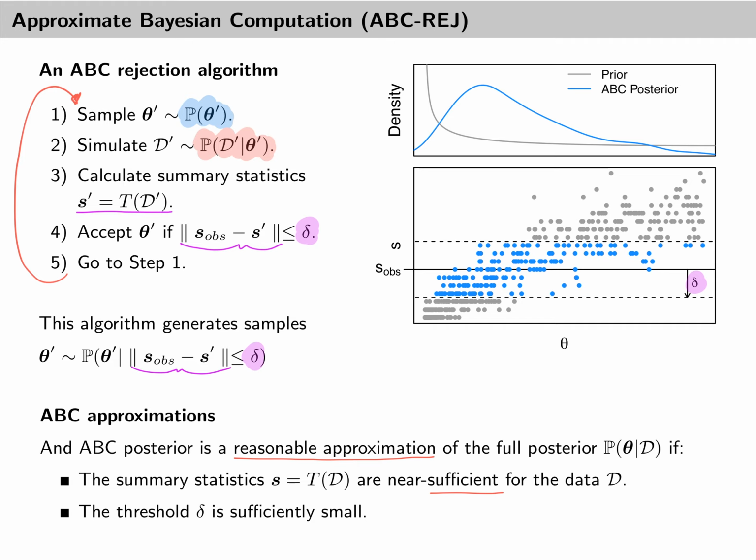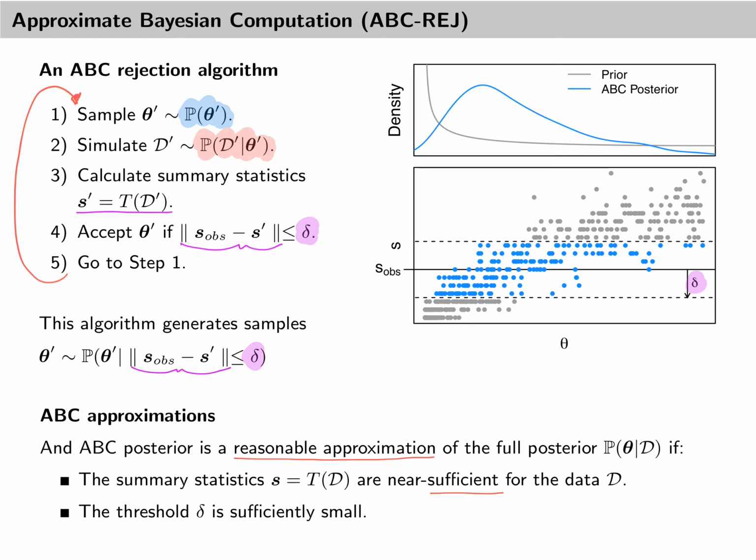In other words, all the information contained in the data about the parameter vector theta is actually also present in the summary statistics. If the summary statistics are not at least near sufficient for the data, then it means they contain much less information about the parameter vector theta than the full data does.